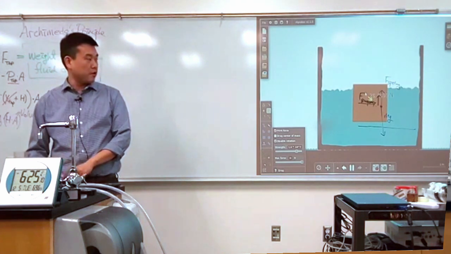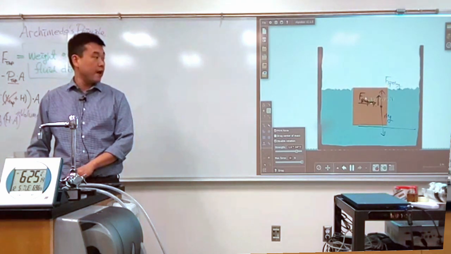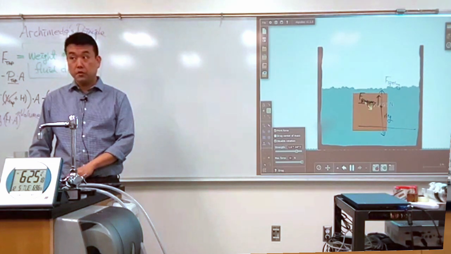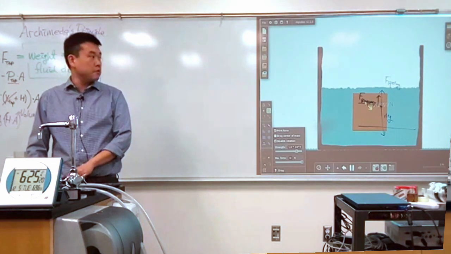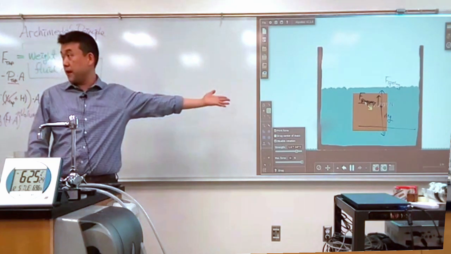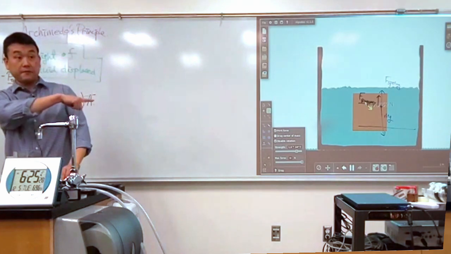Now, with this particular box, which has twice the density of the liquid, does this ever go down to 0? No, right? It's because the buoyancy force, the weight of the fluid displaced, will never be equal to the weight of the object itself.